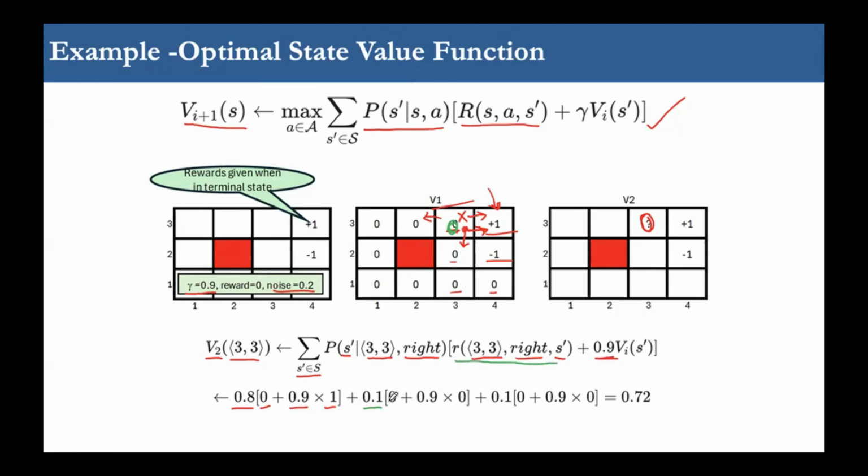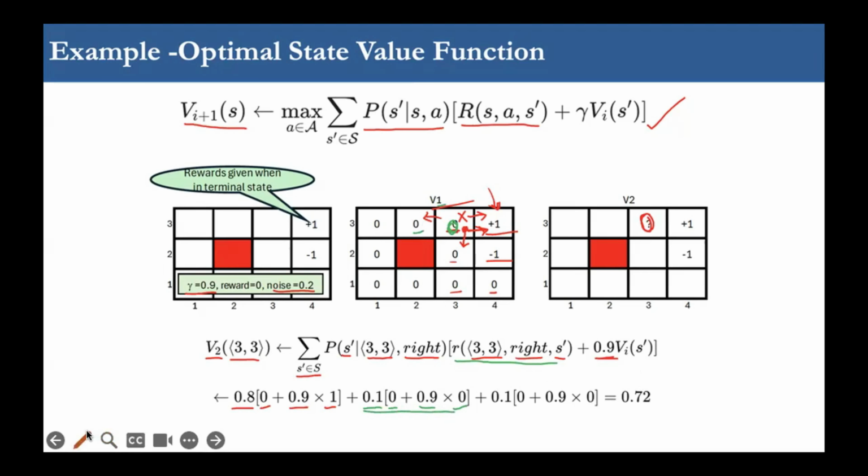The reward value will be 0. 0 plus 0.9 into V_i of S dash. In the first iteration, the reward value is 0 here. So you'll get this value.